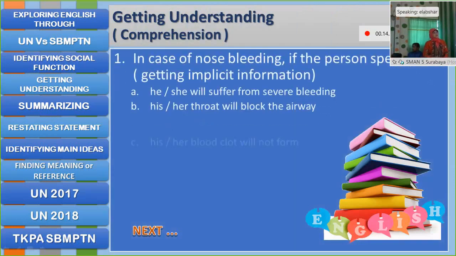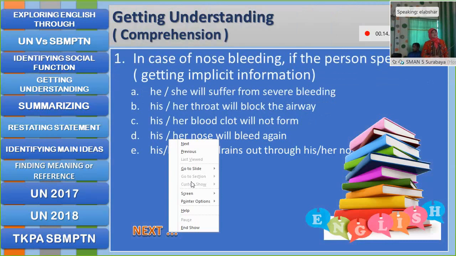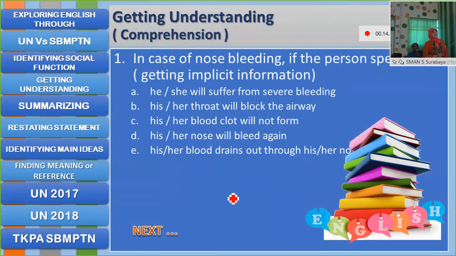This is another type of question asking us, the readers, to think more critically, or to think deeper, because actually the answer is not directly stated in the text.